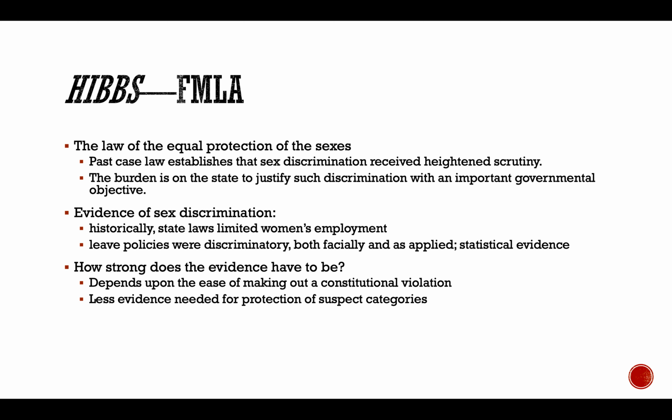Instead, the state is going to have to offer up some important state interest, and the burden will be on the state in these cases. Right? And therefore, it's simply less likely that the state is going to be able to meet that burden. And so the court says, therefore, Congress needs less evidence in protecting these more sensitive or suspect classifications.